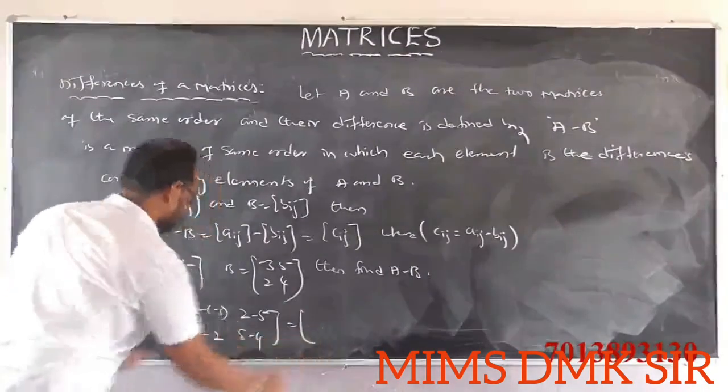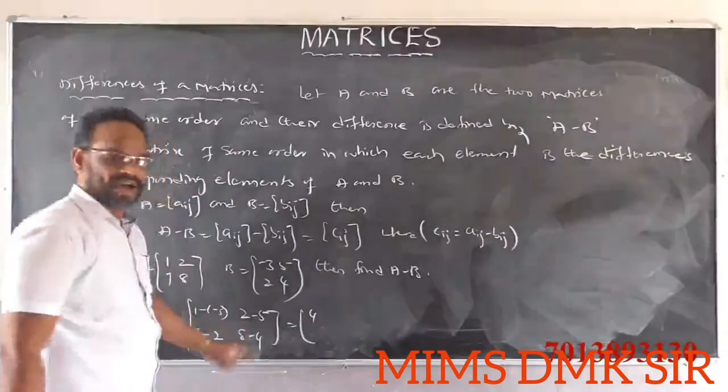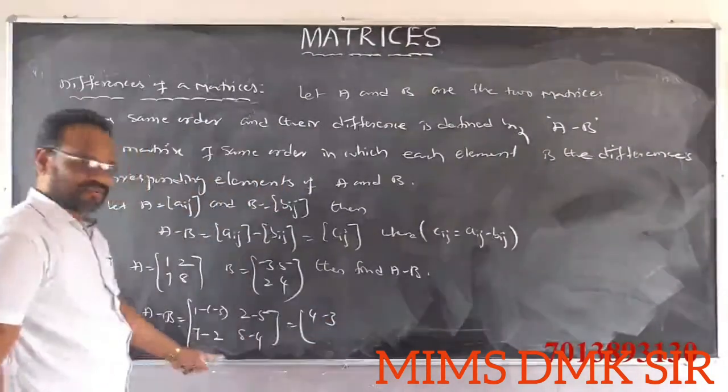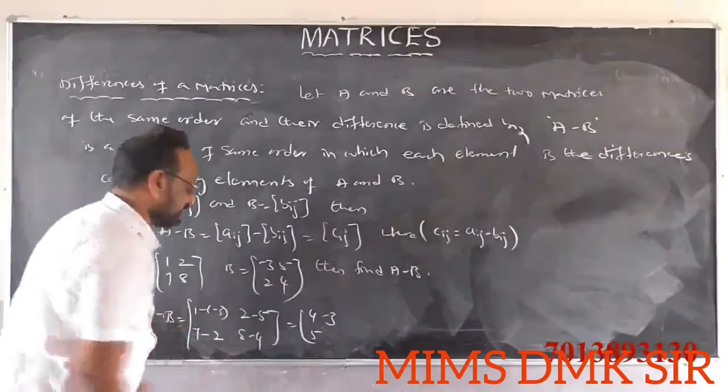So that is 1 plus 3, we get 4; 2 minus 5, we get minus 3; 7 minus 2, we get 5; and 8 minus 4, we get 4.